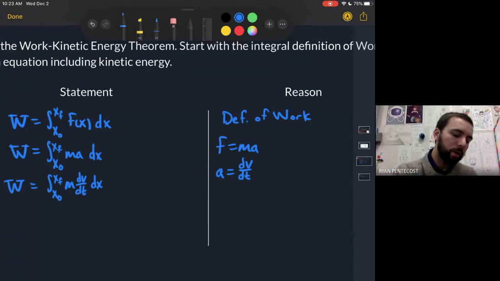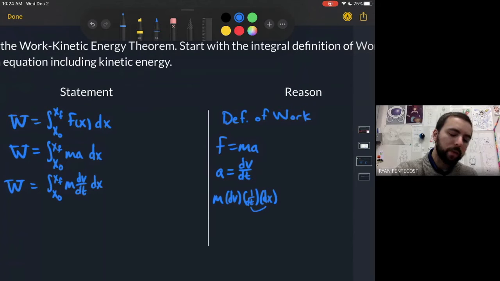Now, that doesn't mean a whole lot to us, but all of these can move around, right? You've got m times dv times 1 over dt times dx. Well, if the dv and 1 over dt are combined, that has meaning. We could also combine these two.